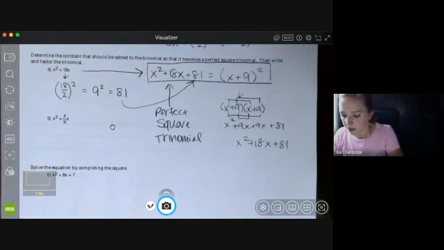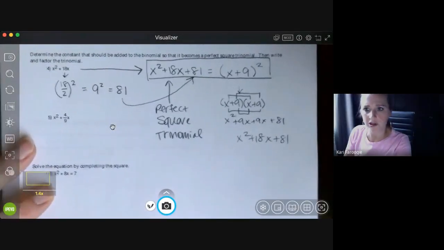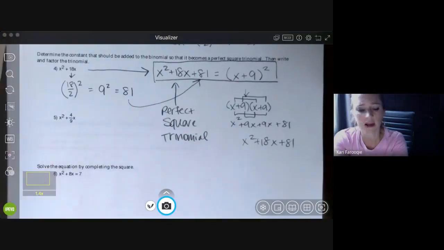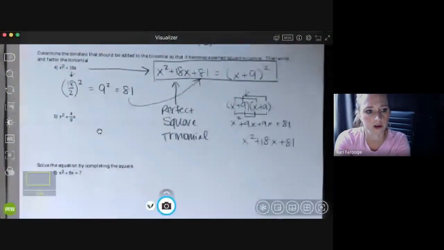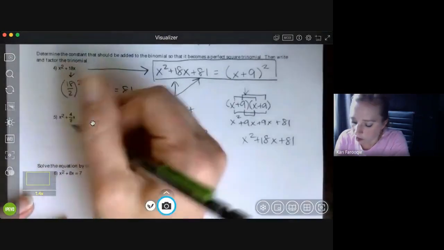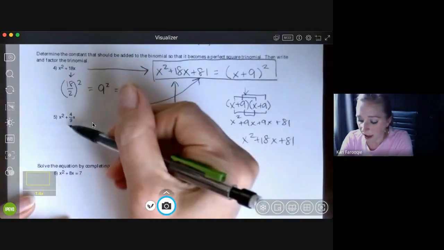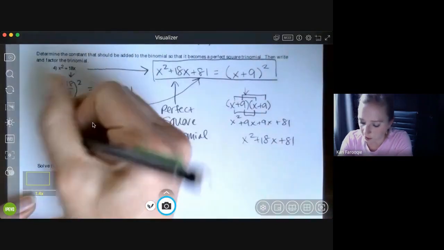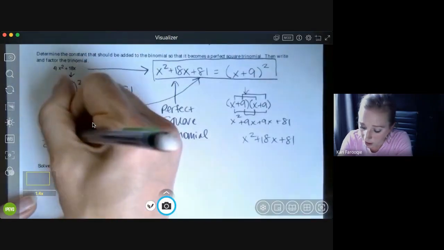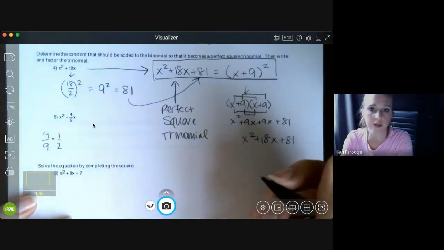All right, the next one. This one's a little bit trickier for number 5 because we have a fraction as the coefficient of x, which is fine. We're going to do the same thing though here. We're going to take half of the coefficient of x. So the coefficient of x is 4/9. To take half of that, just multiply it by a half.